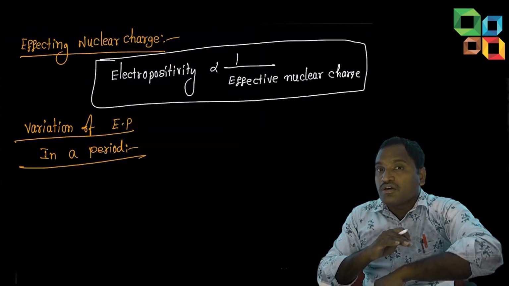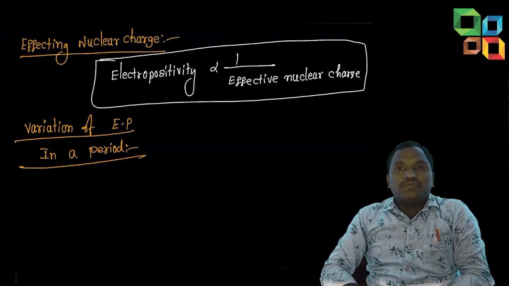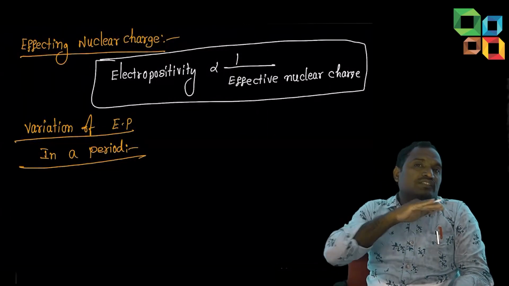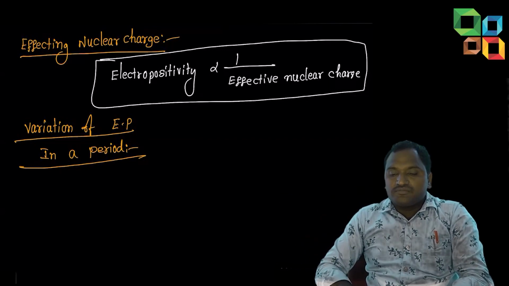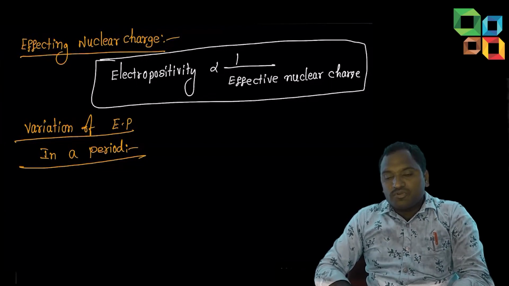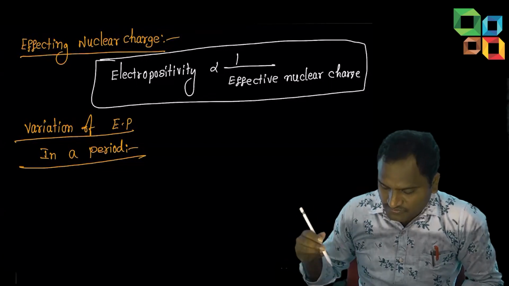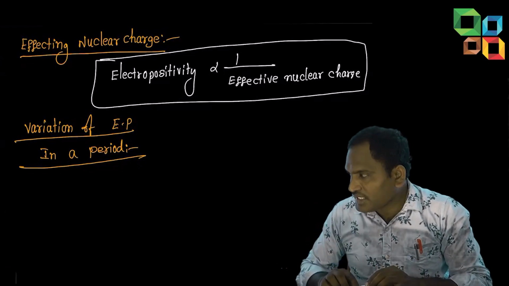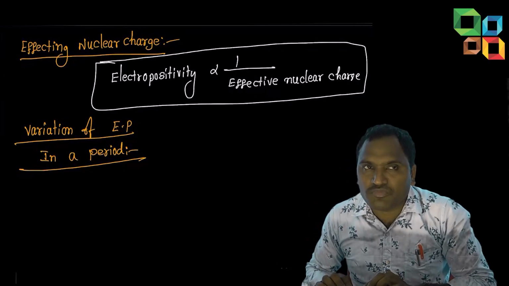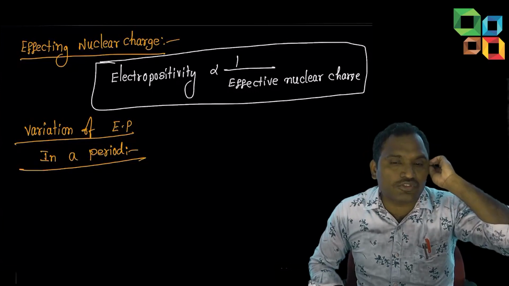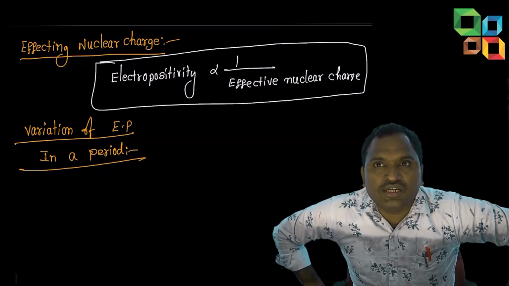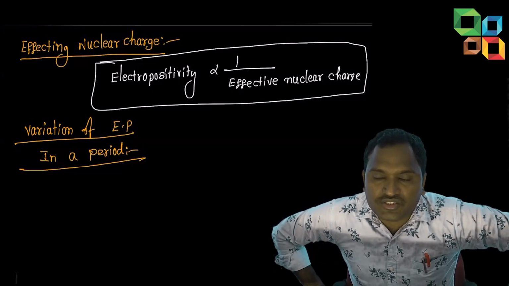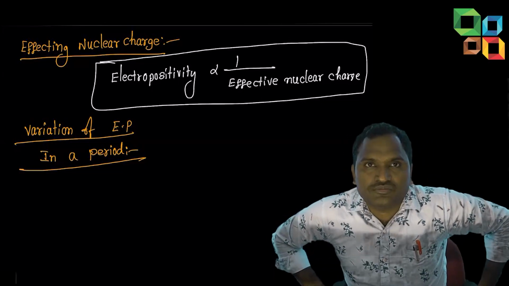You know, from left to right, atomic radius decreases. As atomic radius decreases, tendency of losing electrons decreases. So electropositivity decreases. You can write as we move from left to right, electropositivity decreases because atomic radius decreases.